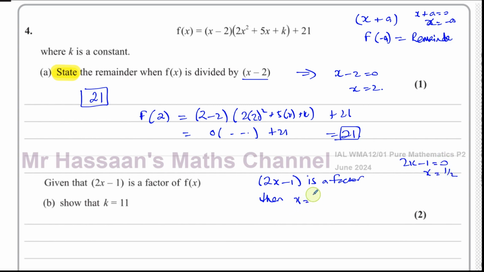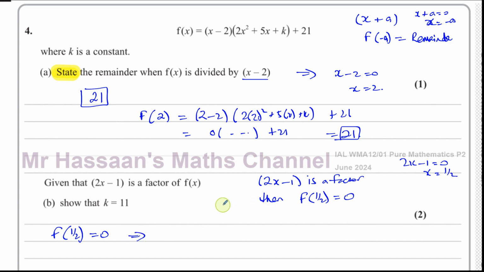Then x equals a half, or you can say f of a half. f of a half is going to equal 0, because when something is a factor, the remainder is 0. And when the remainder is 0, that means that thing is a factor. They told us that this is a factor, so we know that therefore f of a half has to equal 0.